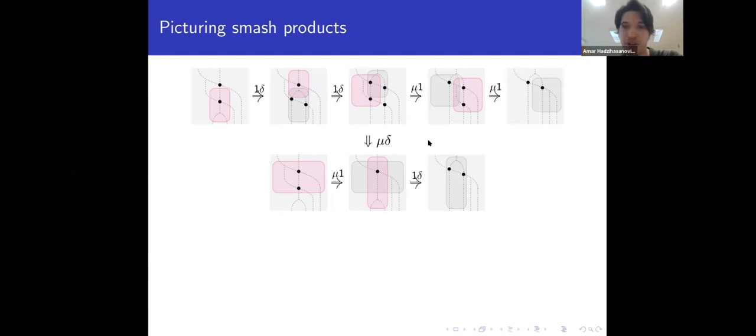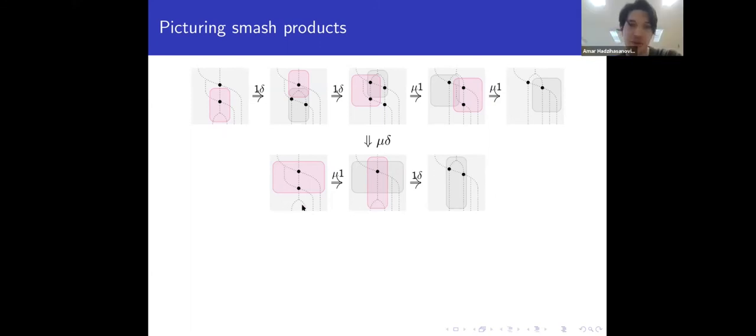And then if we take this mu tensor delta, what we get is this picture of first we push this one through, and this intersection becomes 2, then this intersection becomes 2, and then we push this diagram through. So these 2 intersections become 1, and these 2 become 1.